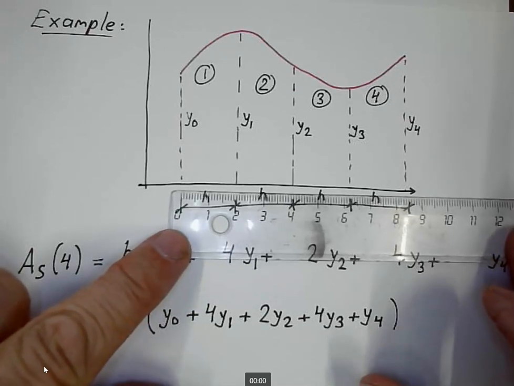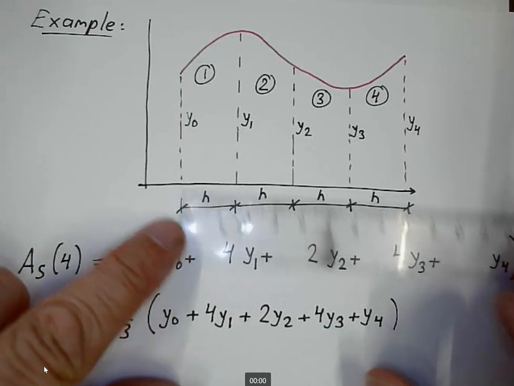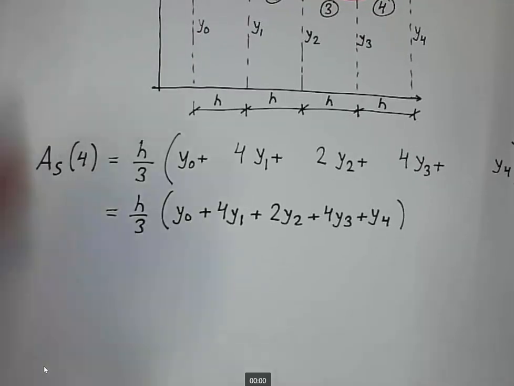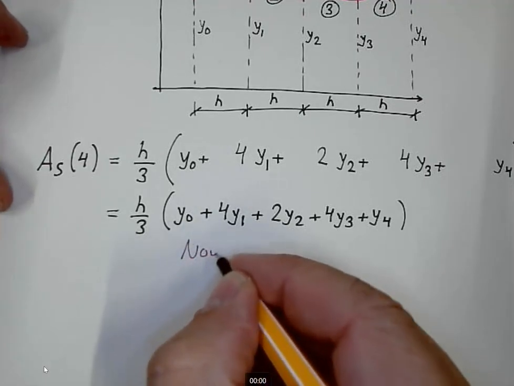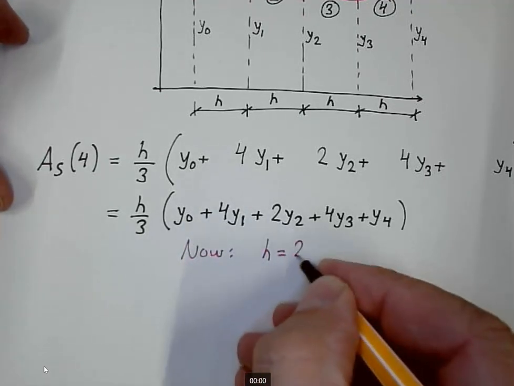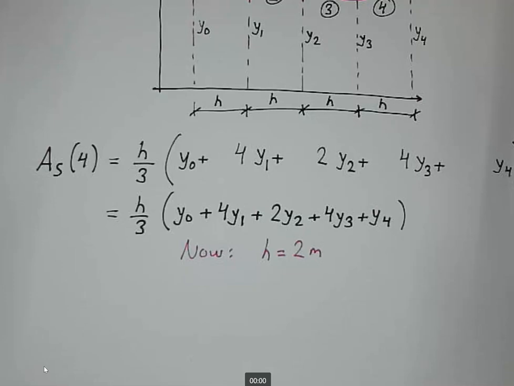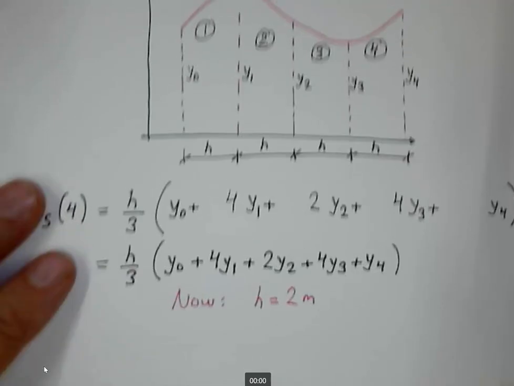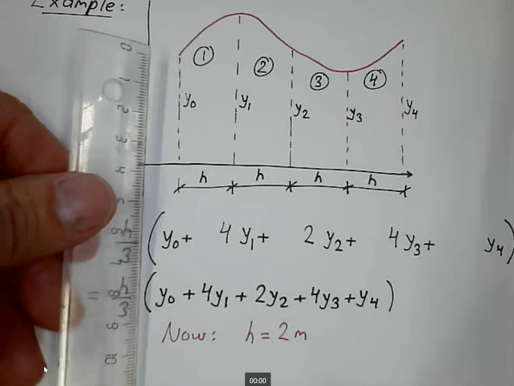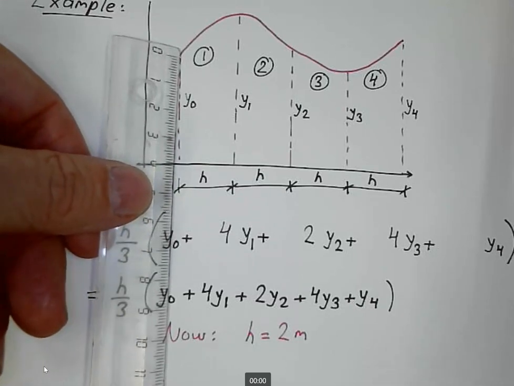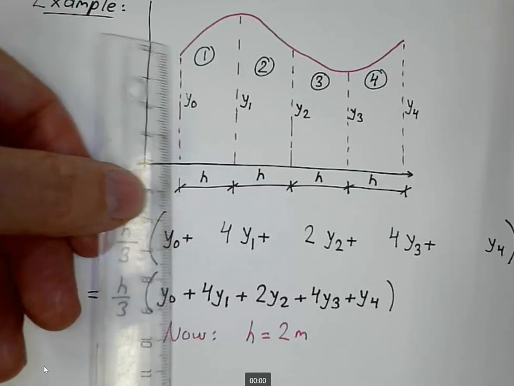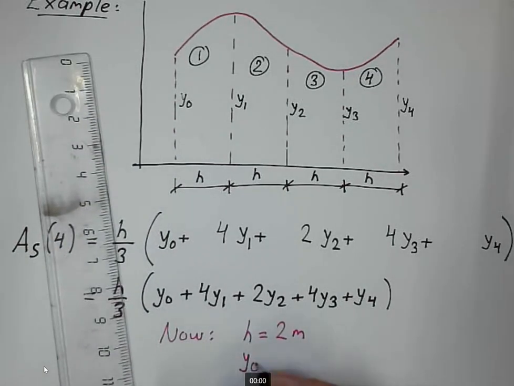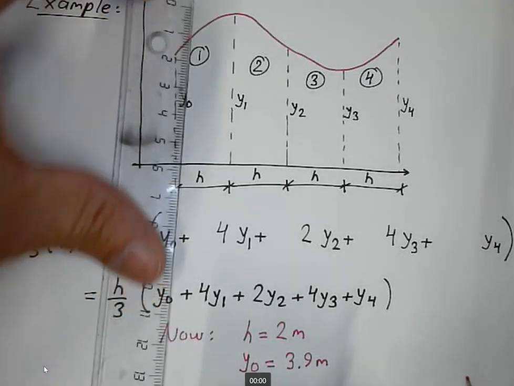In this case, we have the h here. Let's say it is 2 meters. And then these heights there, I will measure them with my ruler. This would be 3.9 meters, so y0 is 3.9 meters.